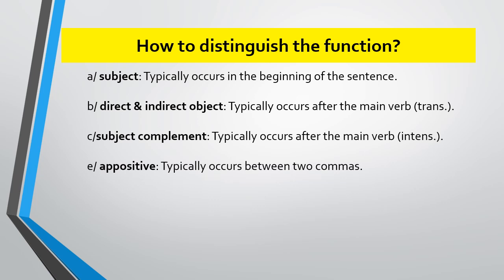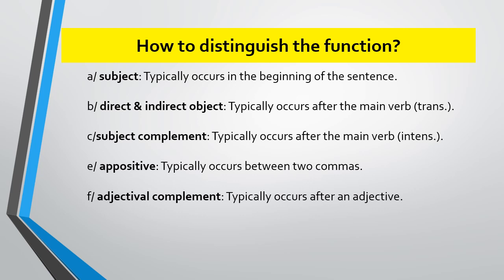Appositive. This is merely looking at the sentence, you know that it is an appositive. مجرد النظر إليها راح نعرف هذا appositive. ليش نعرف البدل بسهولة؟ Because typically it occurs between two commas. بين فارزتين راح يجي.